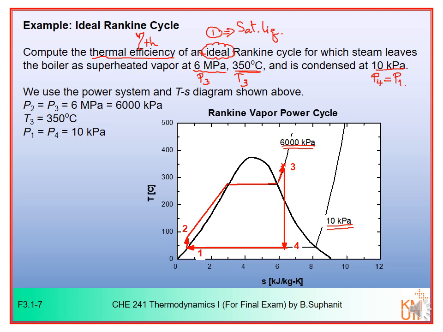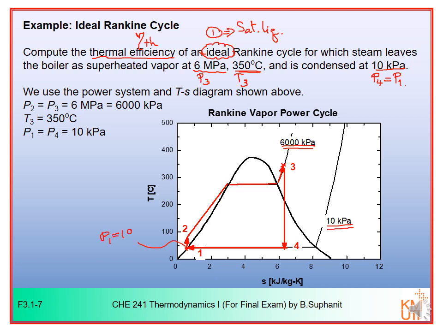So if you look at the diagram, you can see that we have some points that are fully defined. Fully defined means that you have two pieces of information, and the other properties, for example, enthalpy, temperature or pressure, can be determined. Okay. Let's have a look at the first point, point number 1. Point number 1 here, you know P1.